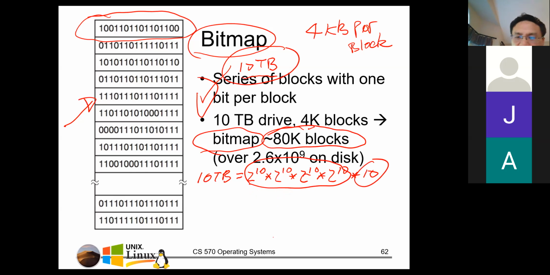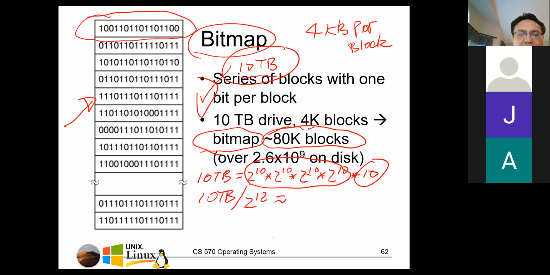So how many blocks for this 10 terabyte drive? It would be 10 terabytes divided by 2 to the power of 12.